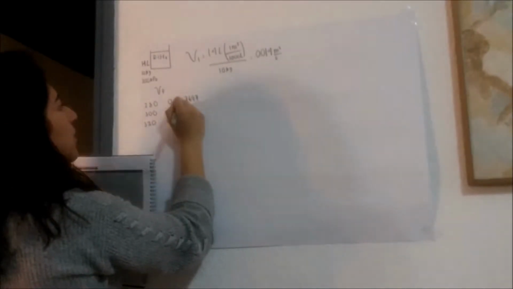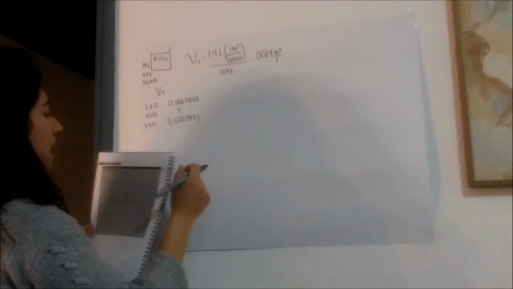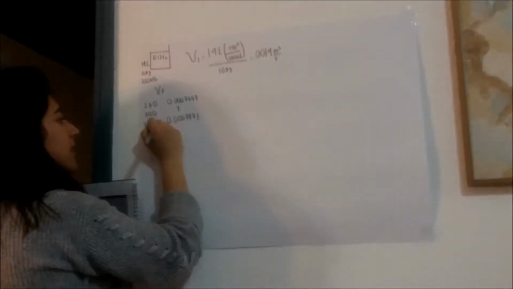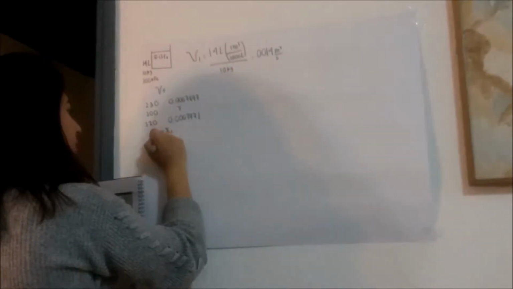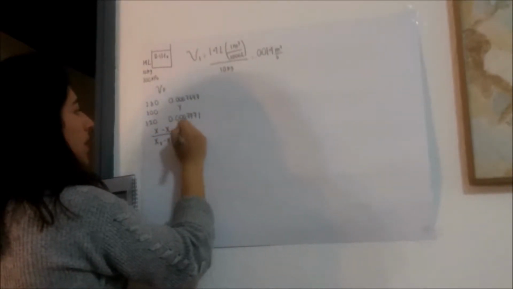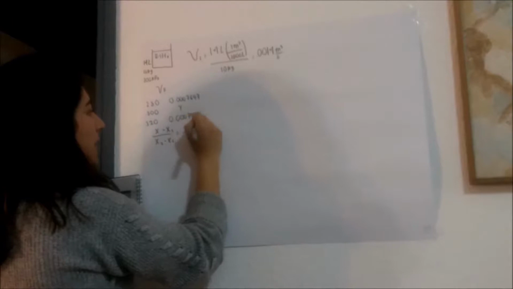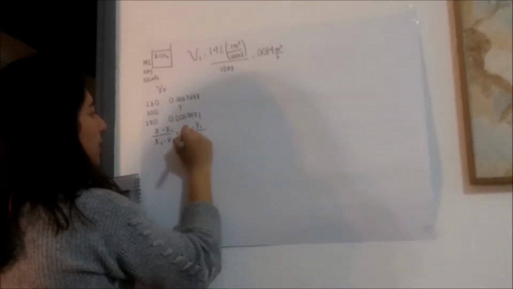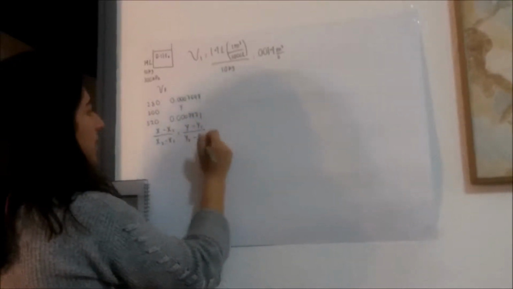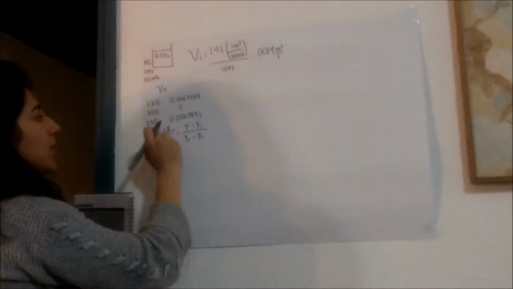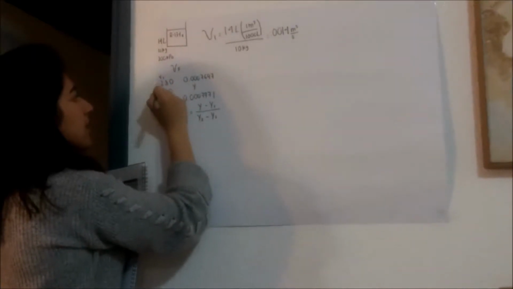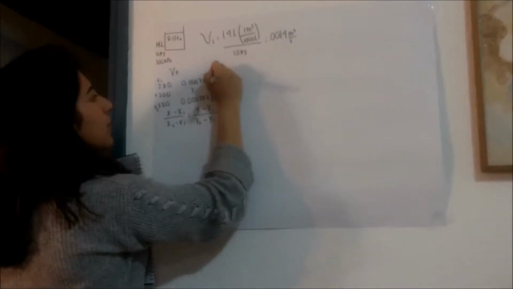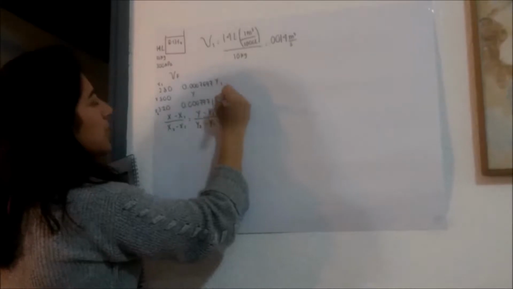0.000661. So we have to calculate this, and our formula is x minus x1 over x2 minus x1 equals y minus y1 over y2 minus y1. So this data we have to substitute in these: this is our x1, x, x2, y1, y2.